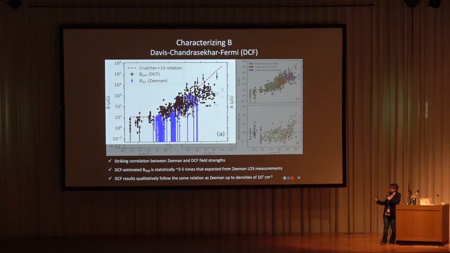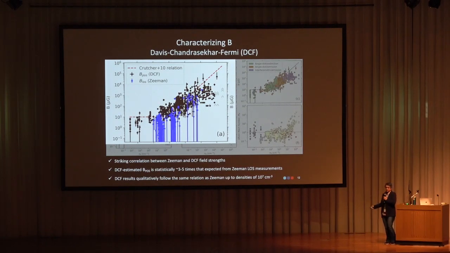The Zeeman measurements are shown in blue. We see that the DCF compilation, even though it's slightly overestimating the magnetic fields compared to Zeeman measurements, follows the same trend as the power law relation and the Zeeman measurements.